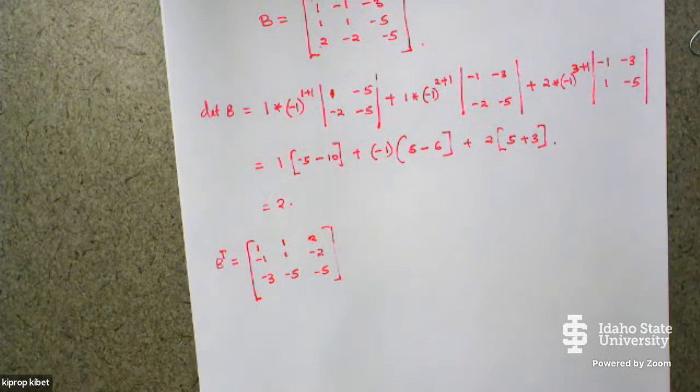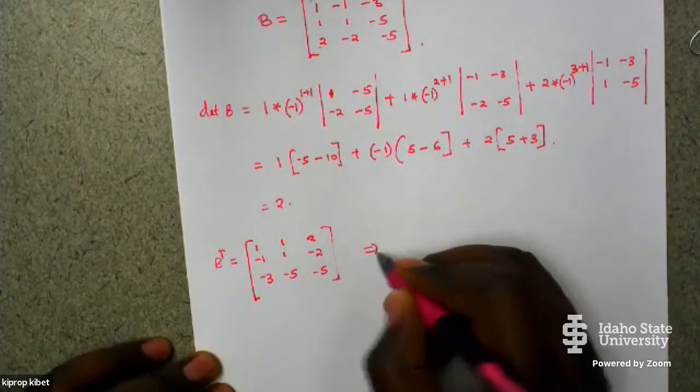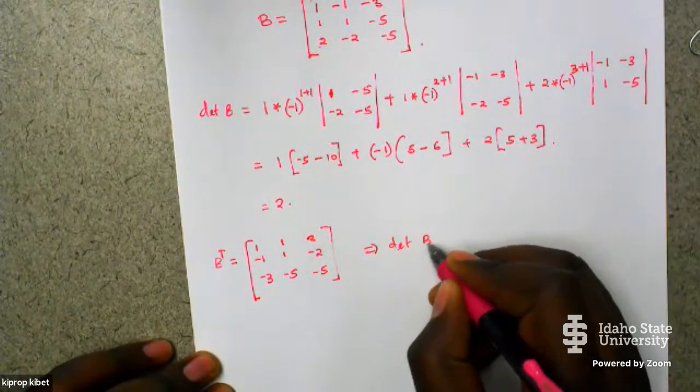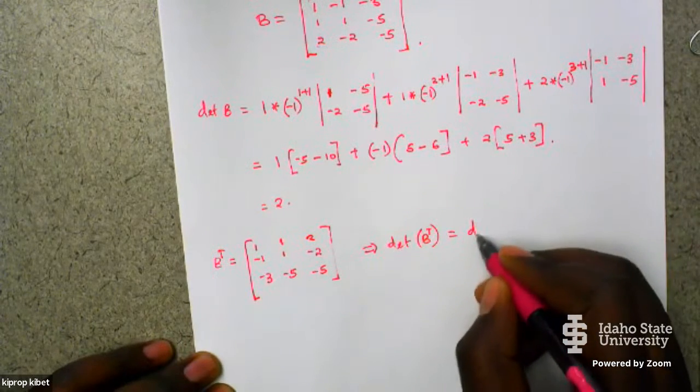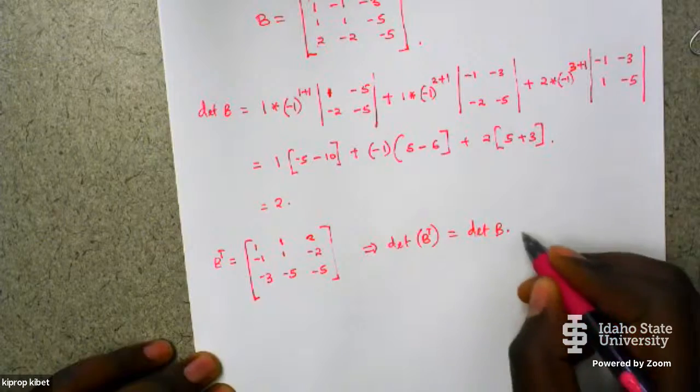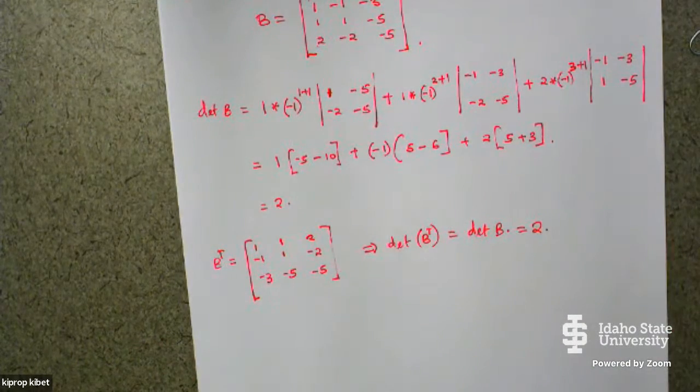That is the transpose. Now, to get the determinant, you can also use the first row. The determinant of B transpose is actually the same as the determinant of B, which is equal to 2. So they are the same.